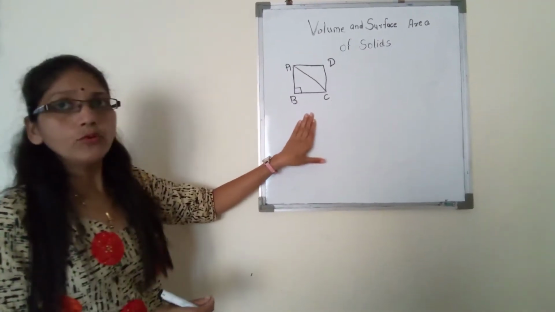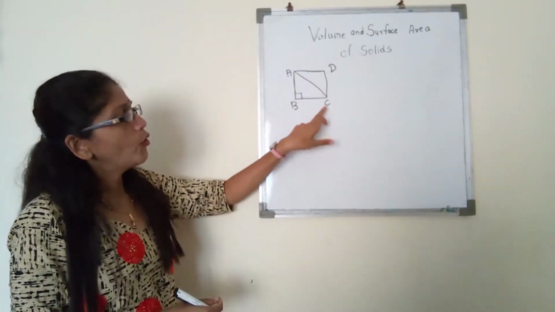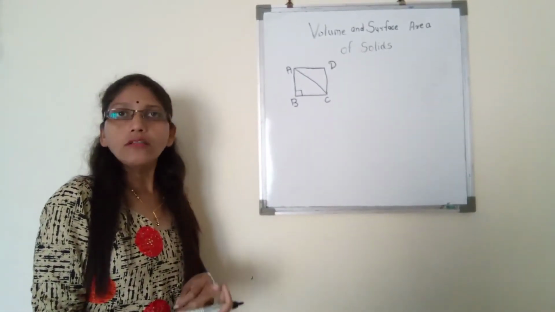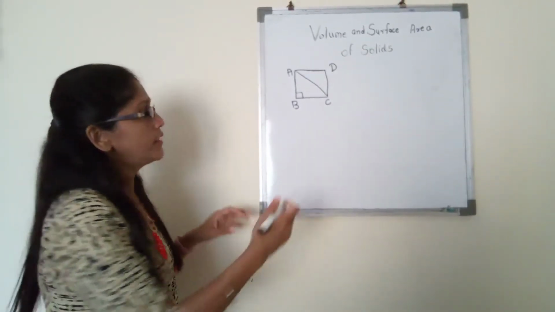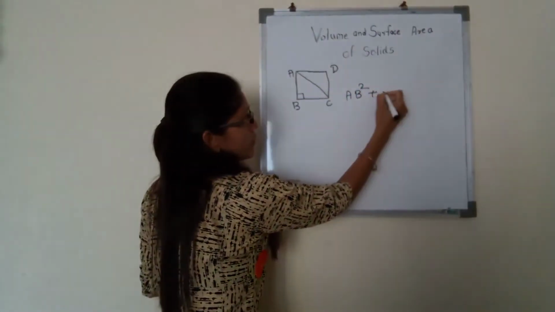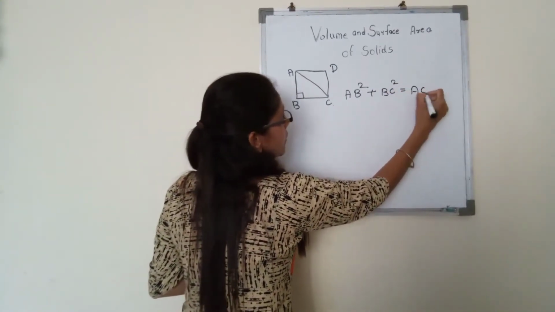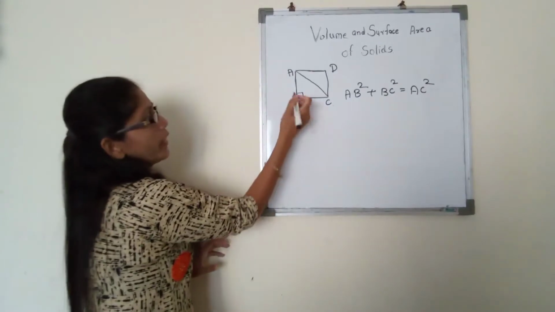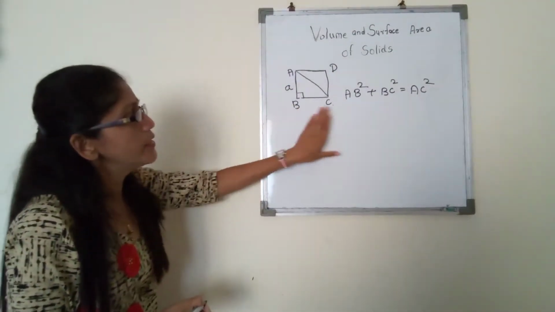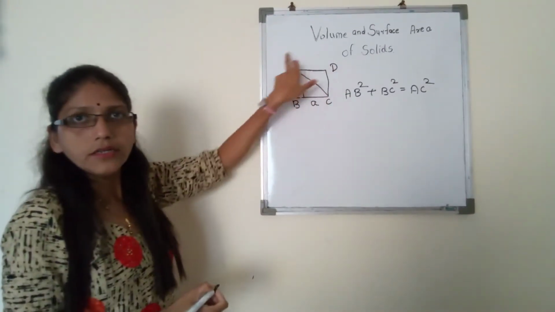So we have to find out the AC. What do we have to do? We have to apply the Pythagoras theorem. And what does the Pythagoras theorem say? AB square plus BC square is equal to AC square. If I take the side AB as a, then automatically BC is also a, because the sides are equal here.